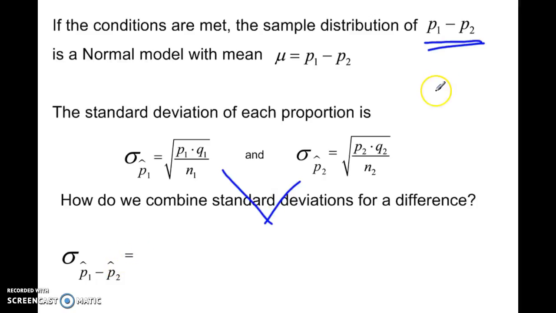When we add standard deviations, remember what we have to do? We have to take the standard deviations and convert them to variance by squaring them. So we square each one, and then we add them and take the square root of the total. That's how we get our standard deviation. We've done this in the past. So we take each standard deviation, square it.